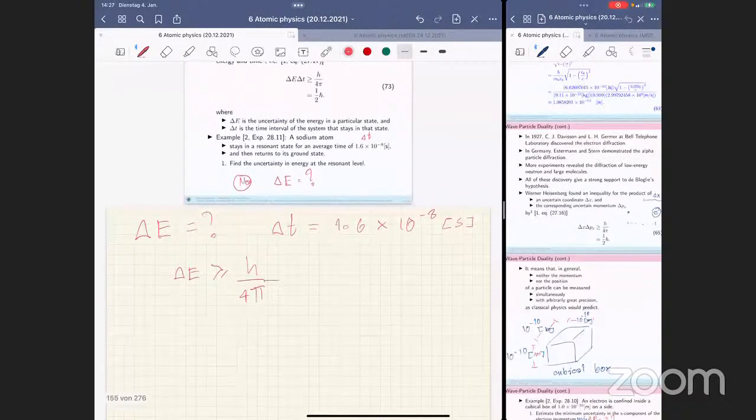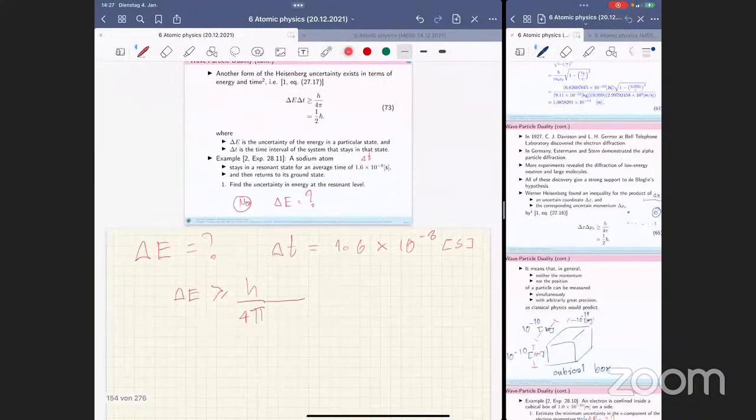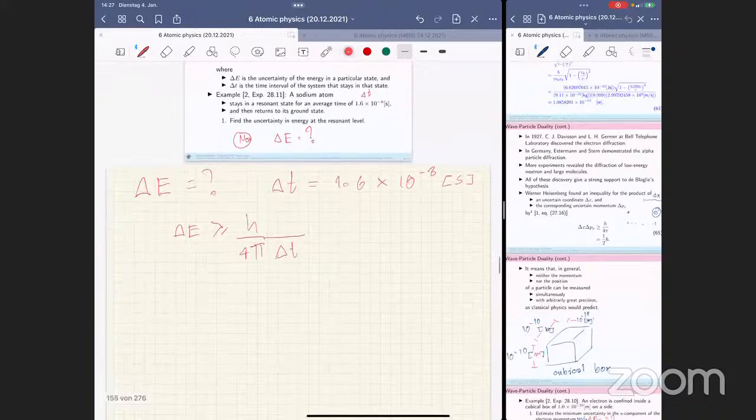And once we move delta T to be here, we will have delta T also appearing here, and that's equal to 6 times 10 to the negative 34 divided by 4 pi. Delta t is 1.6 times 10 to the negative 8.